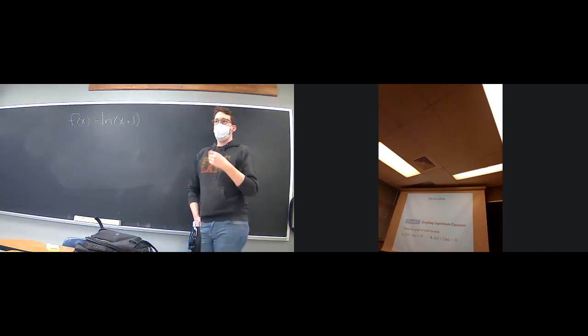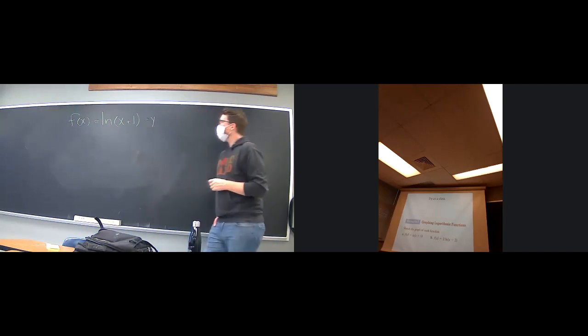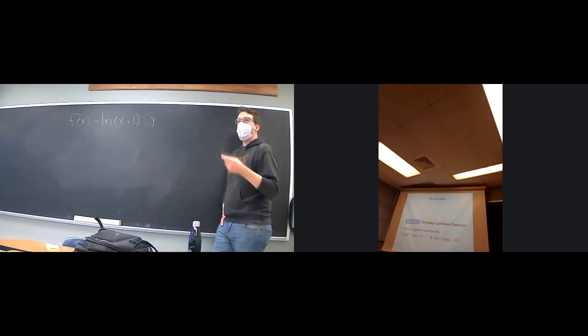We're given that some function of x is equal to the ln of x plus 1. This is going to spit out all of our y values, right? So let's solve for x and find the inverse function of this.